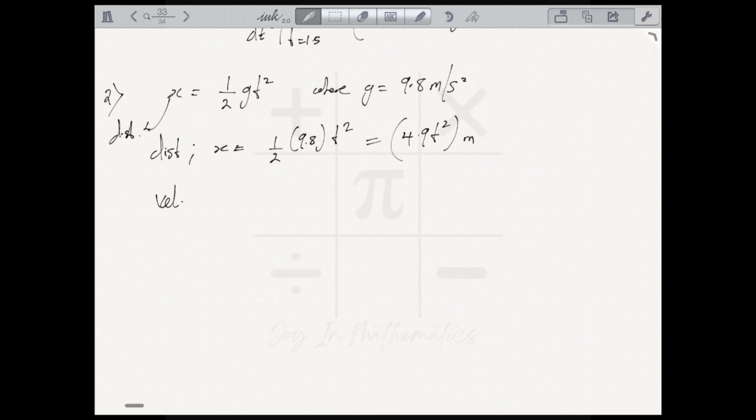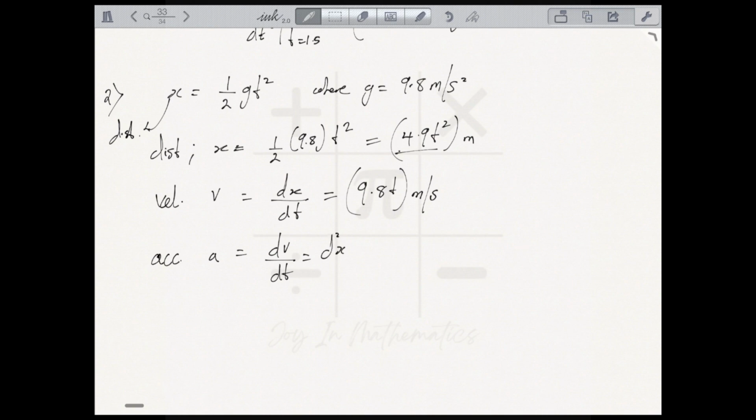Now the velocity v is dx/dt. That means we're going to differentiate 4.9 t squared, and that will give us 9.8 t, the unit being meters per second. Now the acceleration a, which is differentiating velocity, which is also differentiating distance twice, you will have 9.8 meters per second squared.